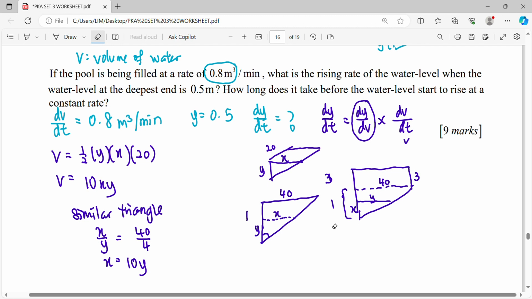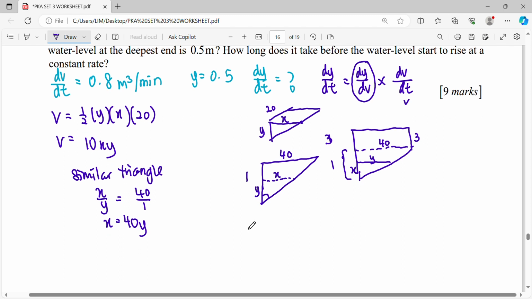So again, the ratio, x ratio to y, another triangle, 40 ratio to 1. So finally, volume is 10 times 40 times y. Volume equals 400 y squared.